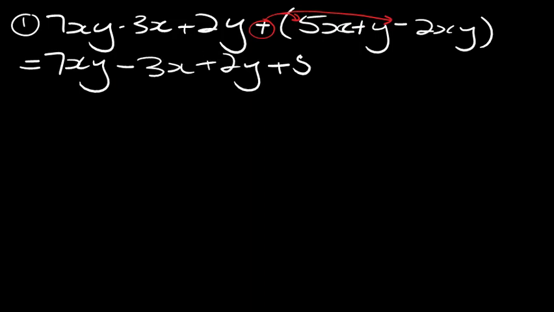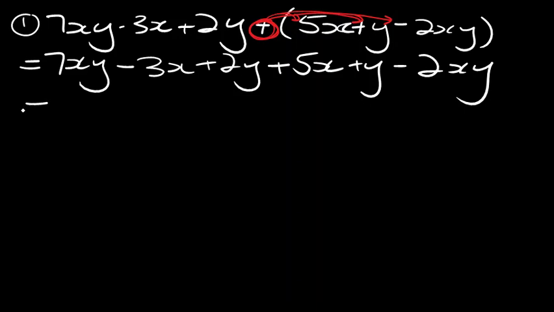So you have plus 5x plus y minus 2xy. Sorry, I forgot that plus. It also would have an influence there, but in effect a plus doesn't have an influence on other signs. It's just when there's a negative there that you must be very careful. But now let's look at adding all these terms.